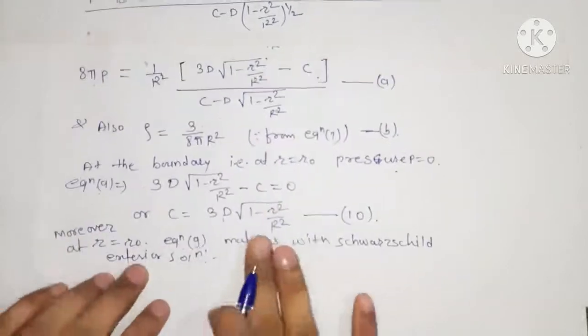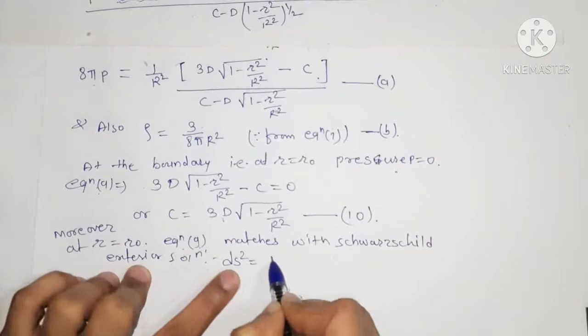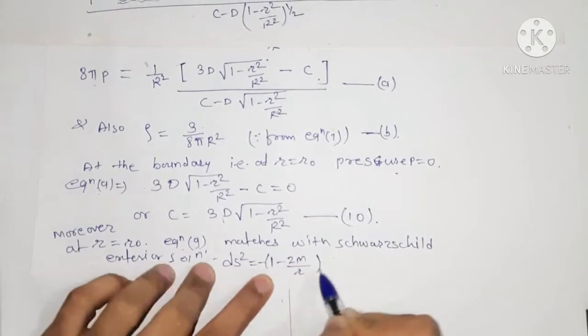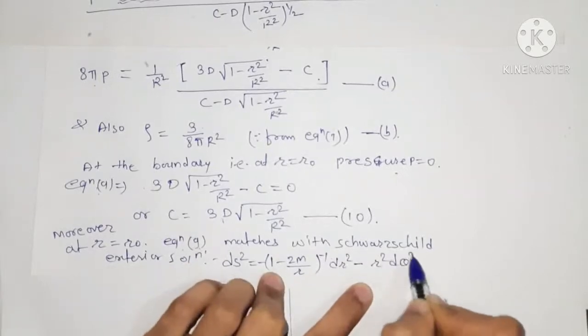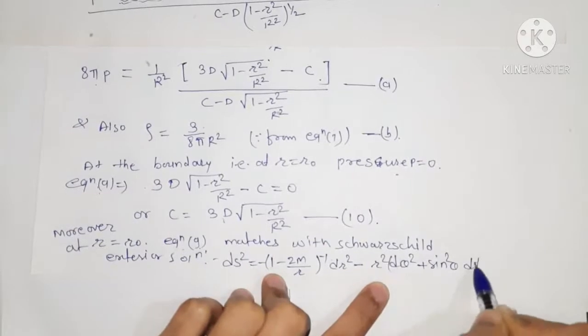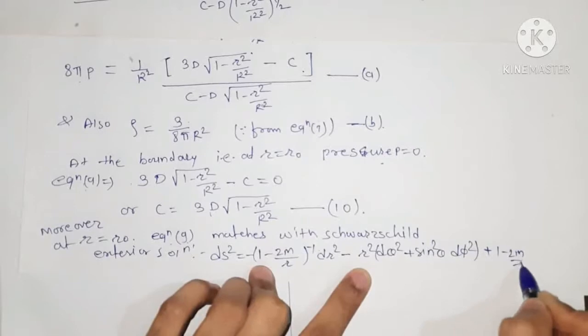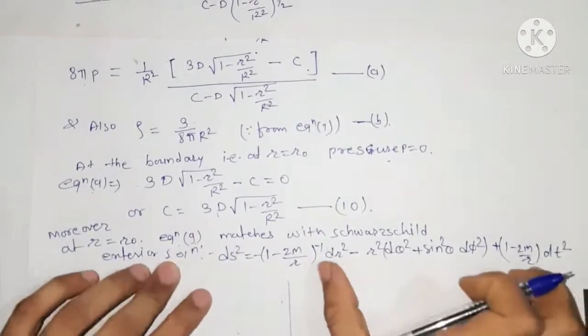The Schwarzschild exterior solution is given by the line element ds square equals minus 1 minus twice m upon r, its inverse, dr square, minus r square times d theta square plus sine square theta d phi square, plus 1 minus twice m upon r dt square. This is our Schwarzschild exterior solution.